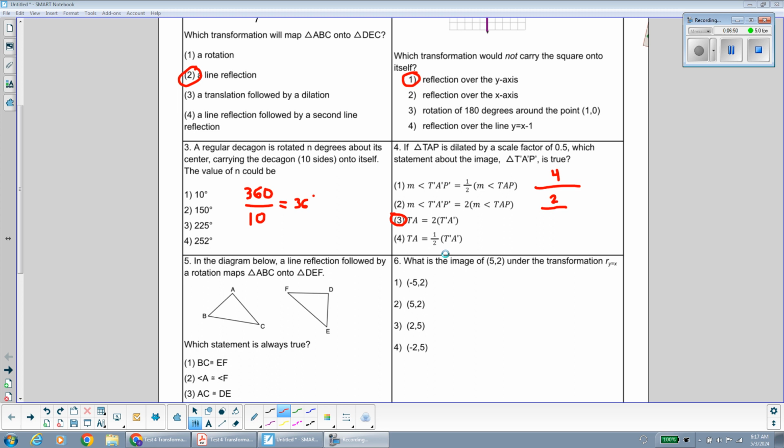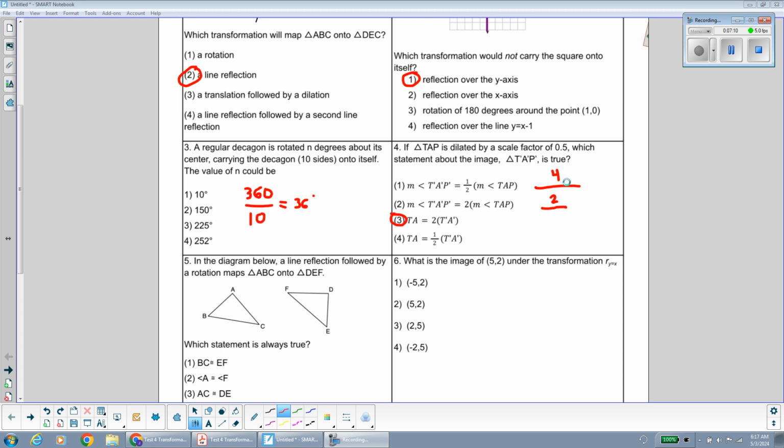But that's not true. That would be if there was a dilation by a scale factor of 2. But since it's a dilation by a scale factor of 1/2, since it's getting smaller, the new one would actually be double.